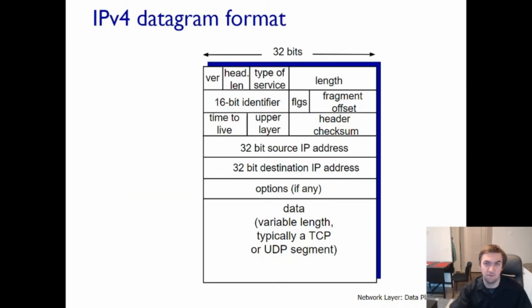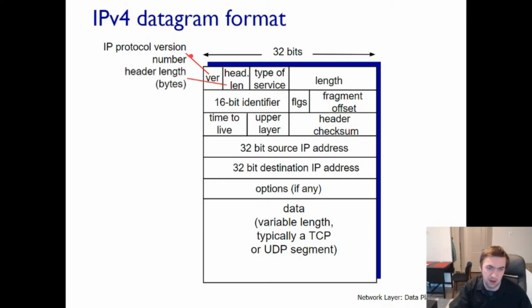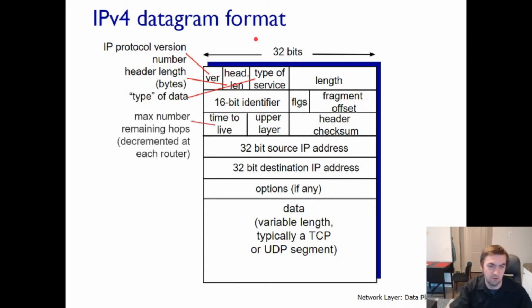Let's take a look at the format of an IPv4 datagram. It's going to be 32 bits from left to right. First off, we have the IP protocol version number. We're working with version 4 here, but version 6 is also out. Next, we have the header length in bytes, what type of data this is referring to.